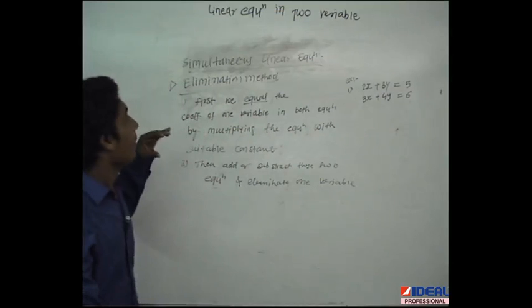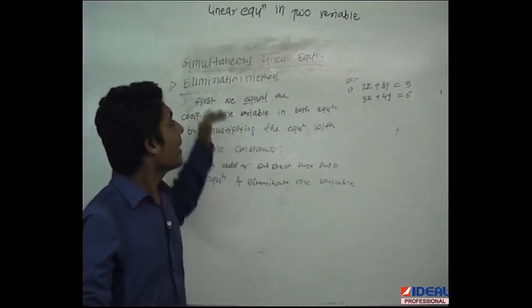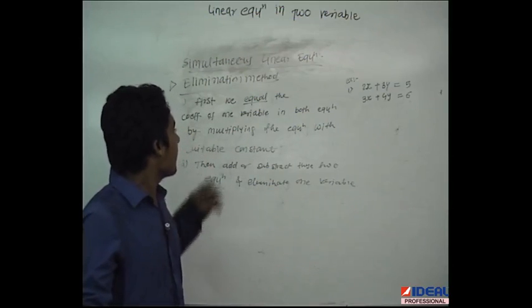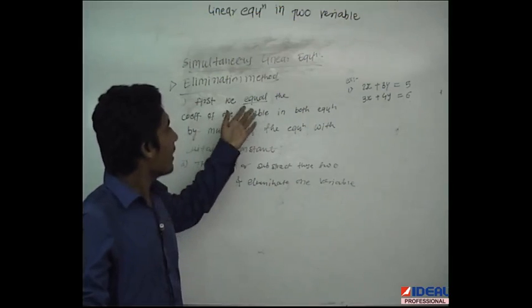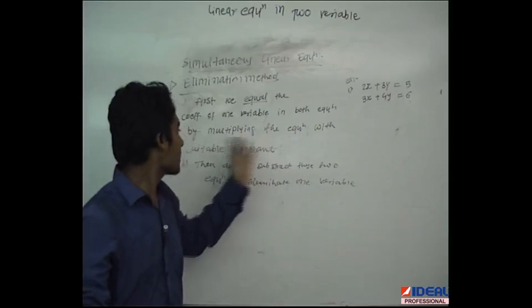So we have to solve the linear equations by the method of elimination. So first of all, see the definition. First we equalize the coefficient of one variable in both equations by multiplying the equation with a suitable constant.